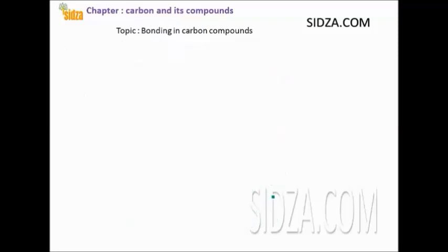Okay, so let's take another example of the O2 molecule. Again, in O2 we find a covalent bond. Oxygen with atomic number 8 has the electronic configuration 2 and 6. So it has 6 electrons in the valence shell.